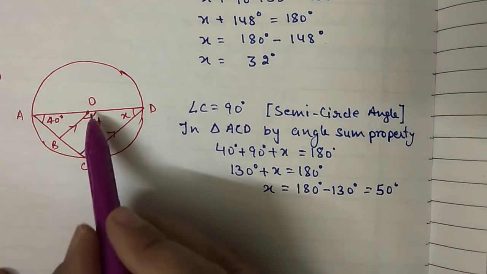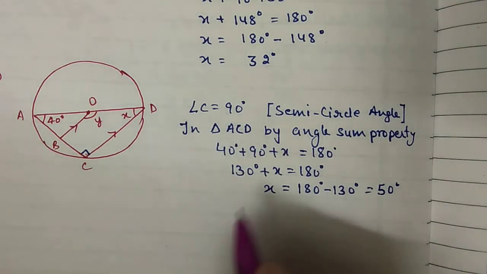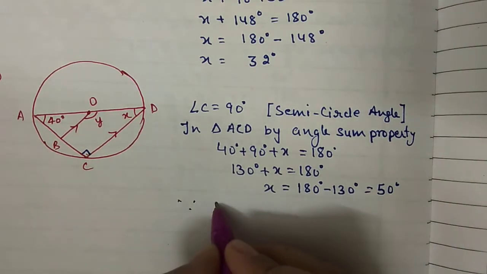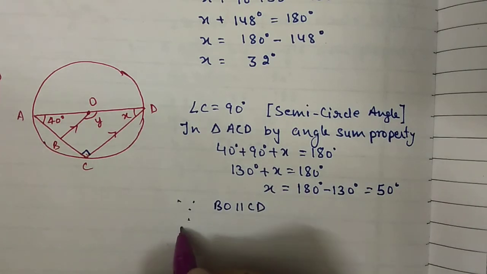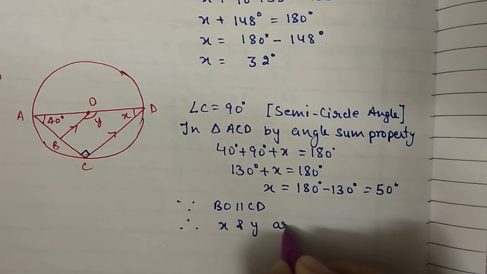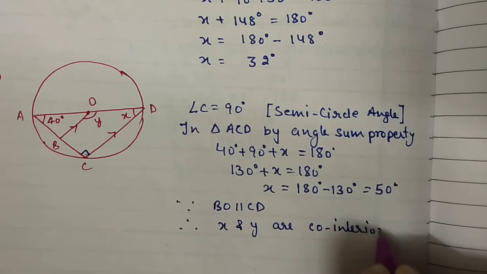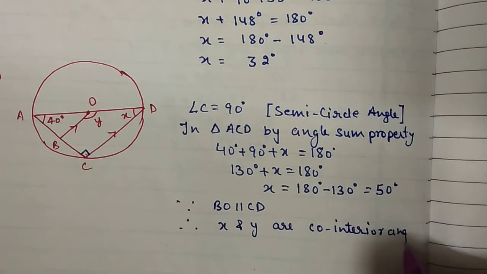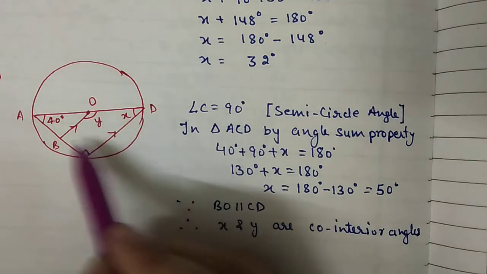Now because these two lines are parallel, same type of arrow is there, because BO is parallel to CD, therefore x and y are co-interior angles. These two are co-interior angles. They are on one side inside these parallel lines.